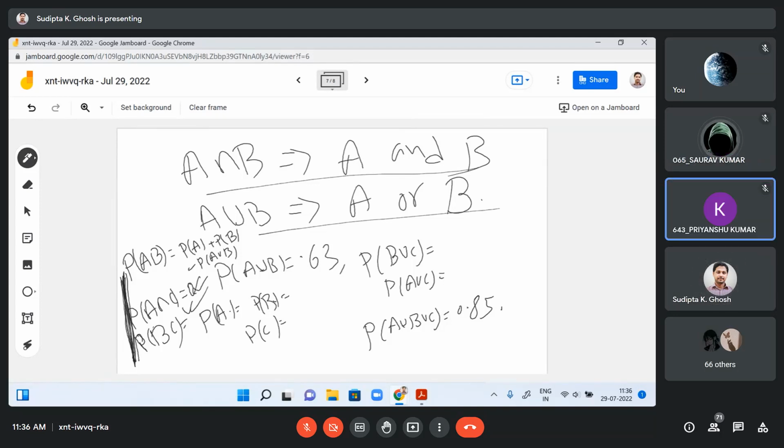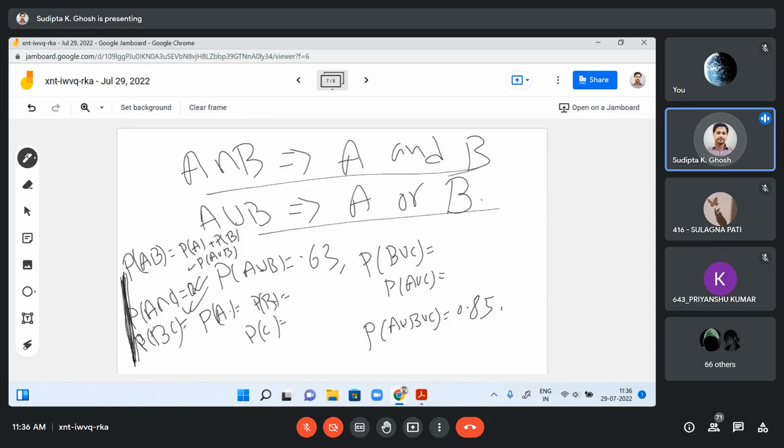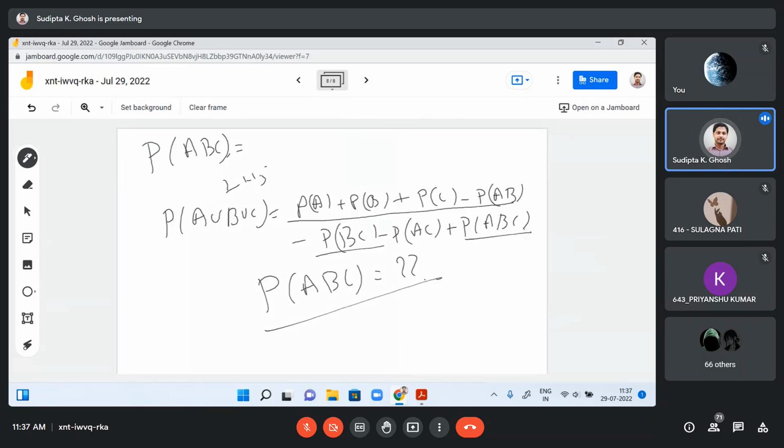Exactly. You have to calculate probability of AB, probability of AC, probability of BC from the data that is given. In the data they have already given probability of A union B, B union C, A union C, A union B union C, and probability of A, B, C. But you have to calculate AB, AC, BC from the given data, and then apply them in this particular example.